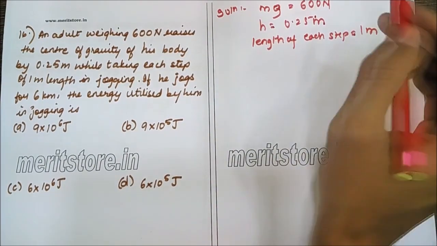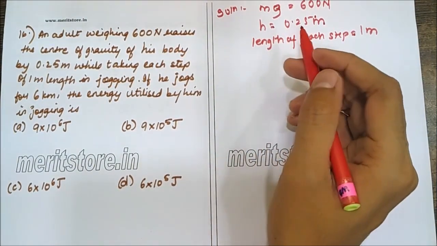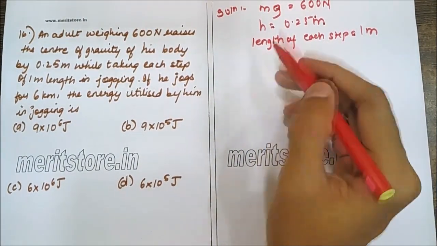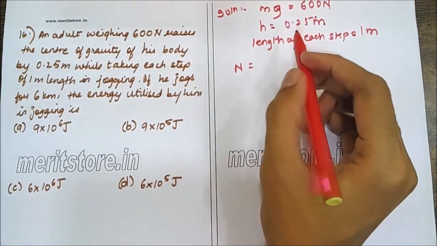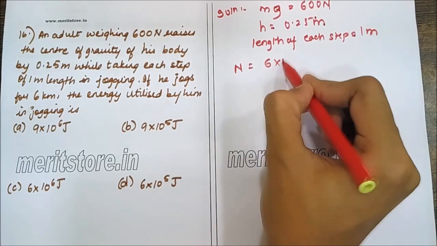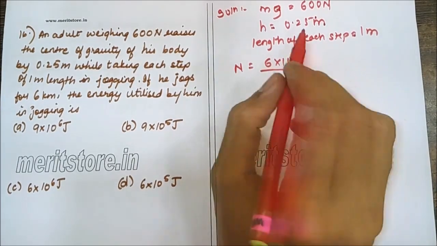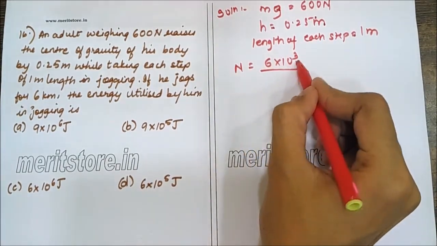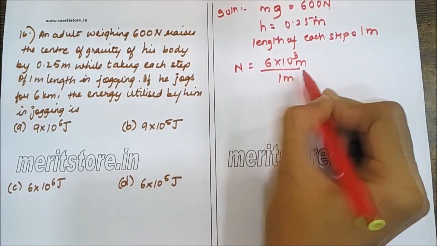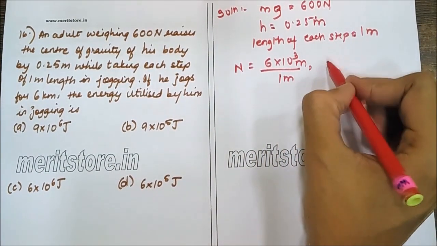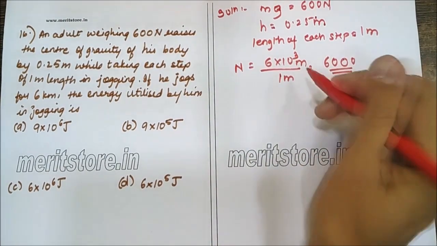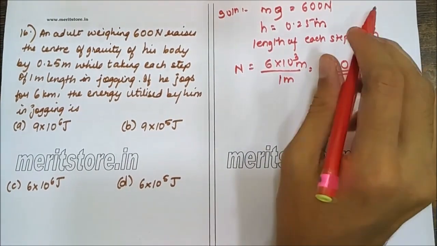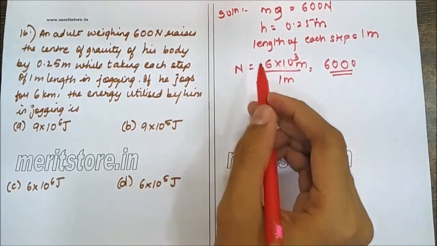Okay, so the number of steps he will take in 6 kilometers is 6 into 10 to the power 3 meters upon 1 meter, that is 6000 steps. We need to find the energy utilized in jogging.